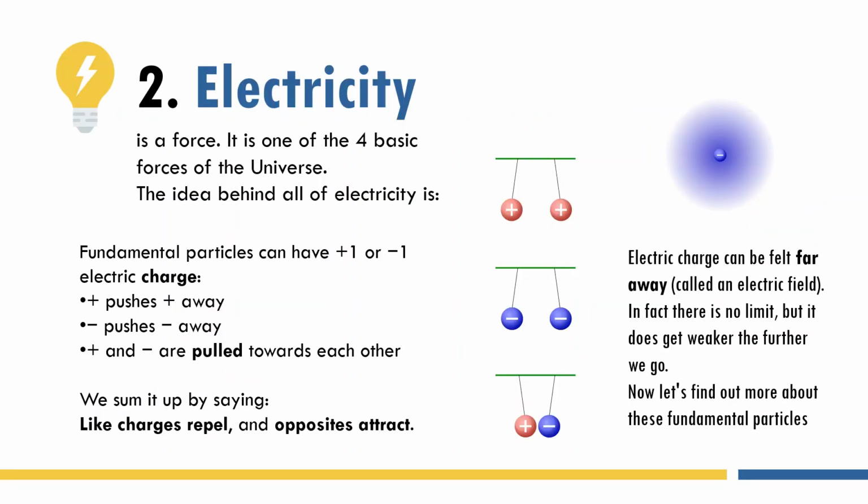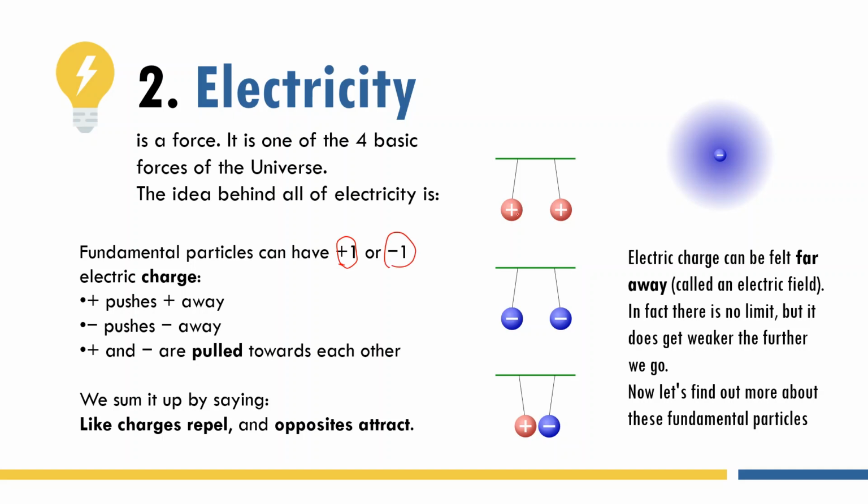Now, we move on to electricities. What is electricities? Electricity is basically a force. There are 4 basic forces in the universe. The idea behind it is that if you have particles with positive charge and negative charge, okay?